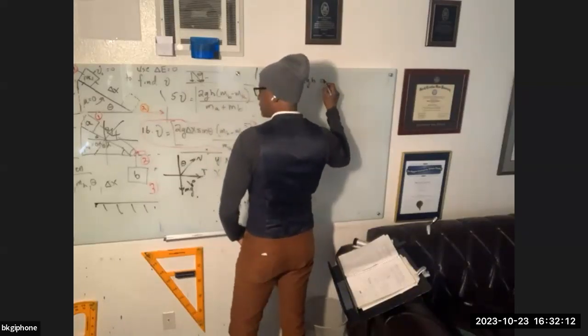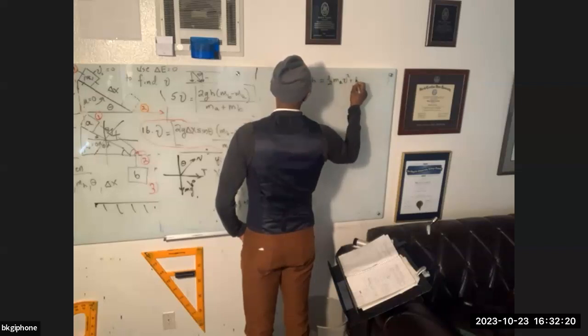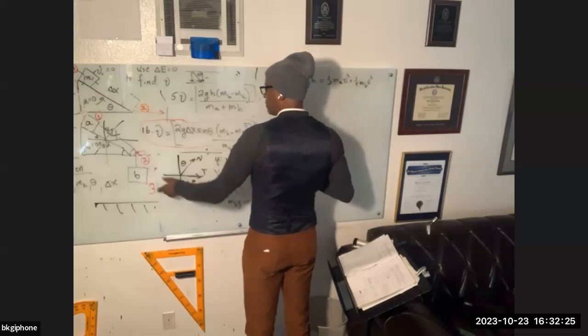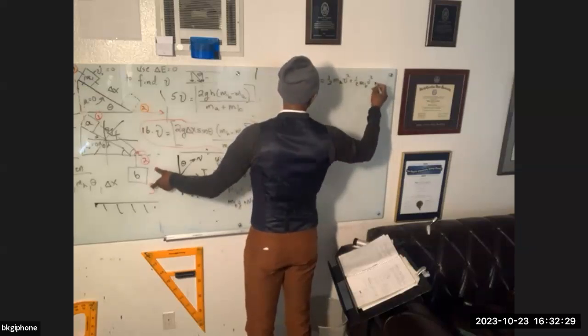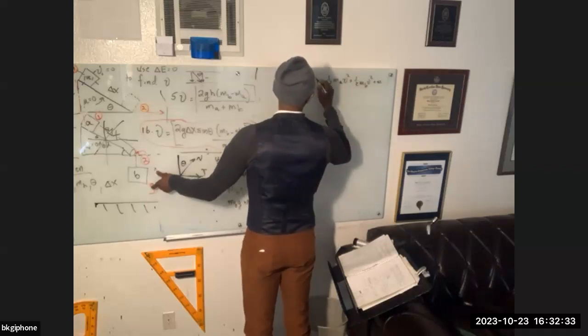For the kinetic energy, squared. And the potential of the system is just going to be, if these are both negative, right?